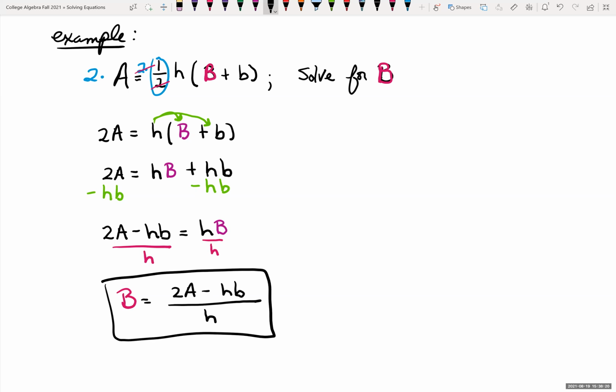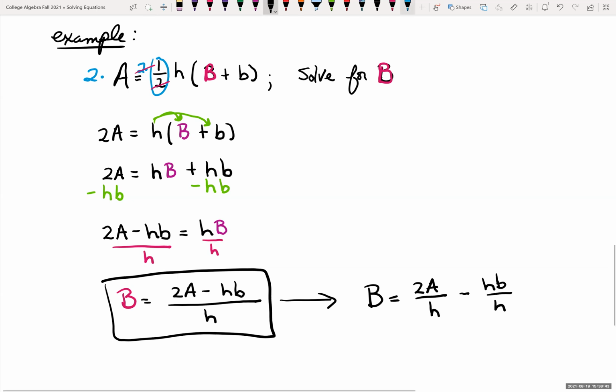I would leave it like that, but notice that this is an equivalent form. There's only one term in the denominator, so we could break down capital B by rewriting each term in the numerator over our denominator. So 2 capital A over h minus lowercase b over h.